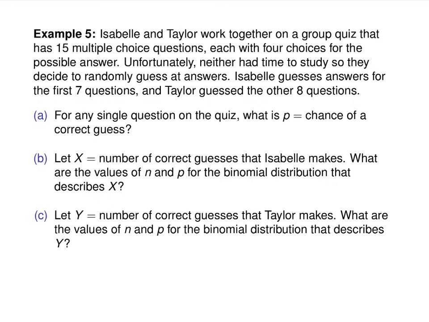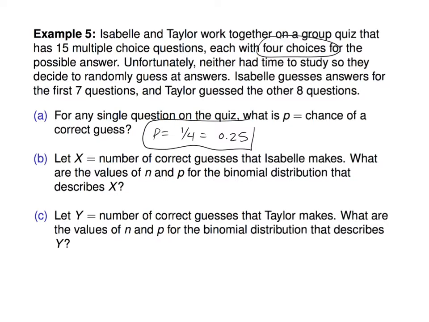For a single question on the quiz, what's the chance of a correct guess? 1 in 4, which is 0.25. We've done a lot of multiple choice, like true/false, but this one definitely said 4 choices. Suppose that X is the number of correct guesses that Isabel makes.